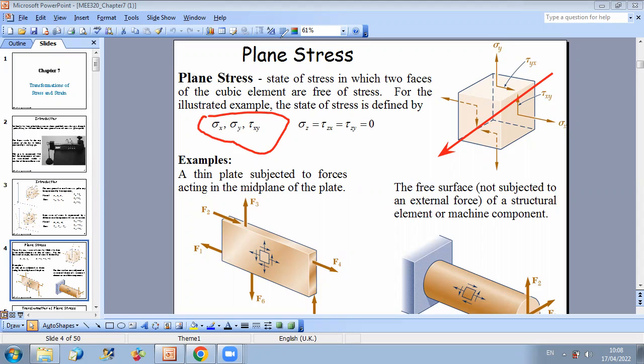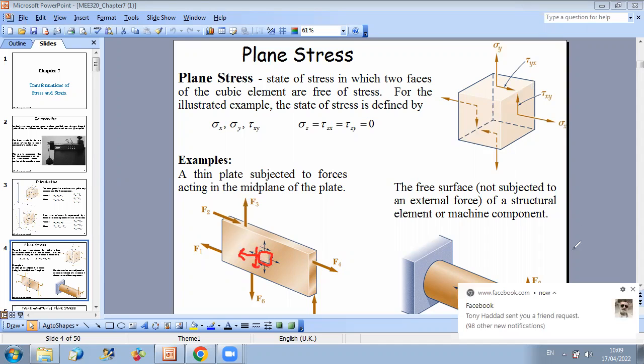Let us take examples of plane stress. If you look at the following case, you have a thin plate that is subjected to forces acting in the plane of the plate. So in this case, if you study any small element, you will just have normal and shear stresses along the plane of the plate. So this is the case of a plane stress.